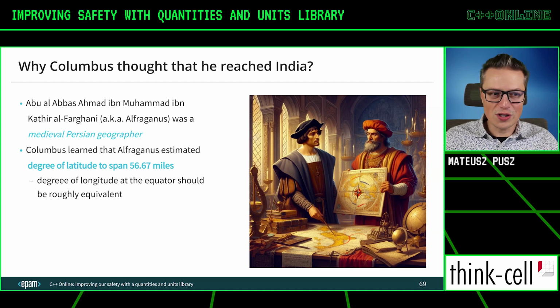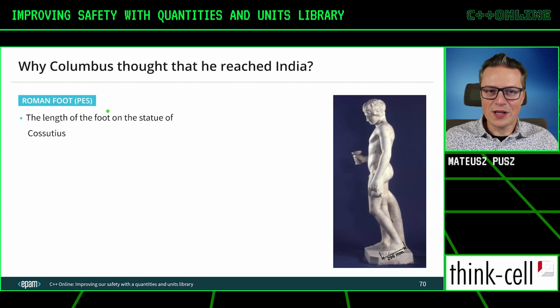So with this calculation in mind, Columbus did some initial paperwork, initial estimations for his travel. So what was the mile at this time being used in Europe? The mile in Europe was based on the so-called Roman foot, or also pes. And it was the length of the foot on the statue of Cossutius.